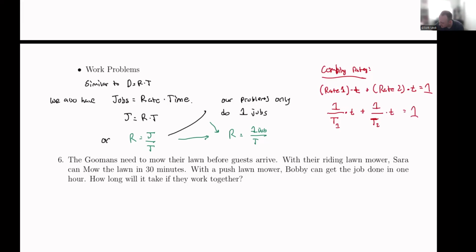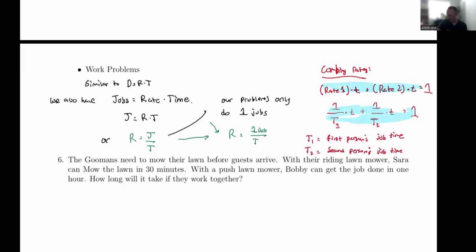I'll even write this out. T1 equals first person's job time, how long it takes the first person to do the job. How long does it take the second person, job time? Okay. So that's enough setup here.